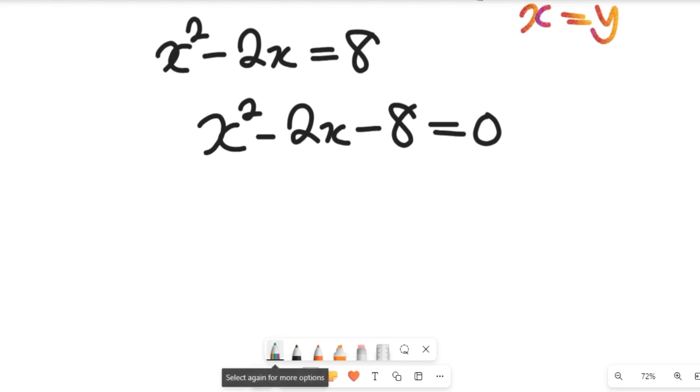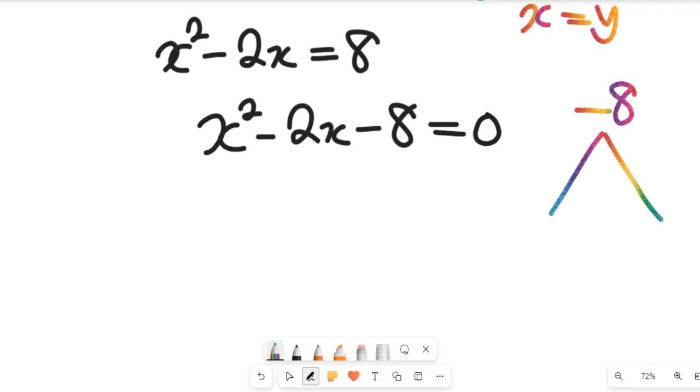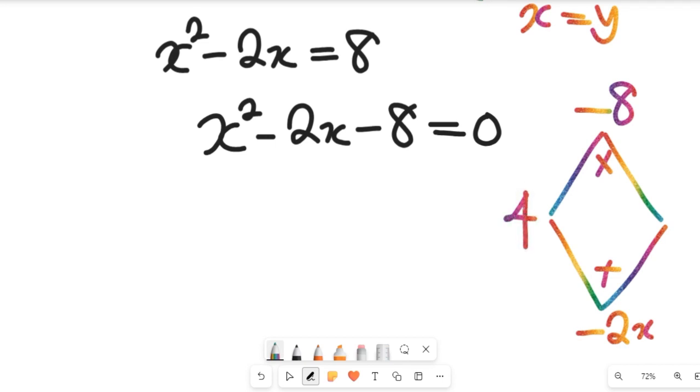Now what do we have here? We have a task, and the task is to find what we can multiply that will give us 8, and when we add those two values, it's going to give us minus 2. Those two numbers are going to be 4 and what, 2.